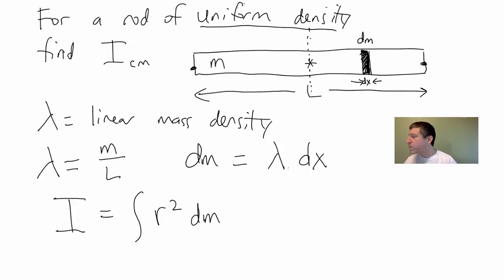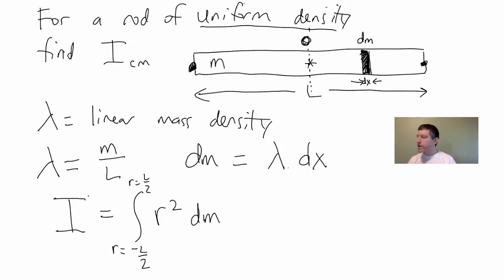If I call this 0 distance, and I call this L over 2, I can't call that L over 2 because it's in the opposite direction. So I'm going to integrate this from r equals negative L over 2, right over here, to r equals L over 2, right over here. And in the middle, r is going to equal 0.